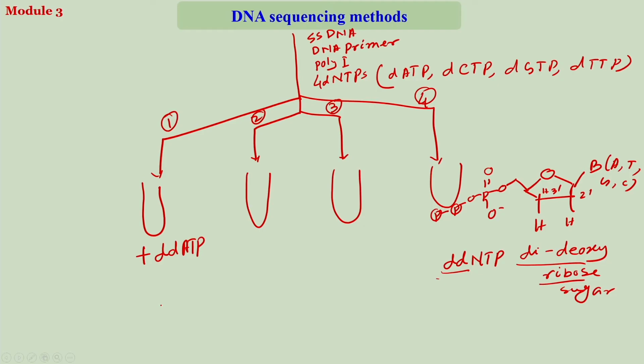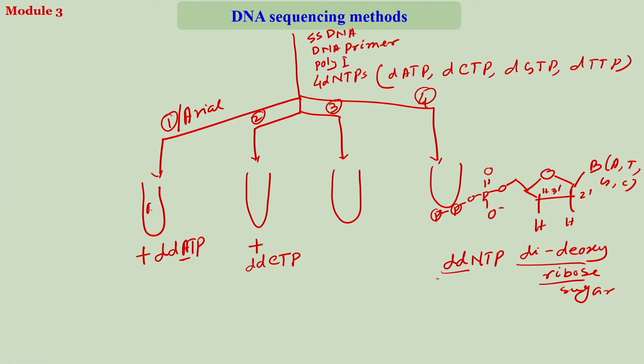So vial 1 had all the 4 dNTPs plus the ddATP, and now instead of vial 1 I call this the A vial, because it has ddATP added.